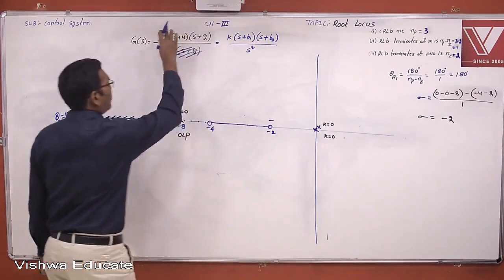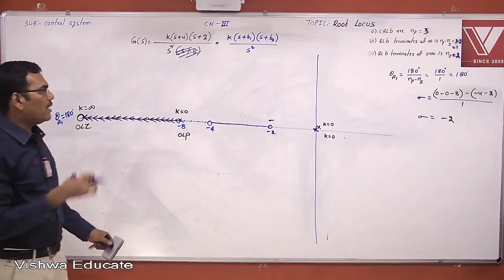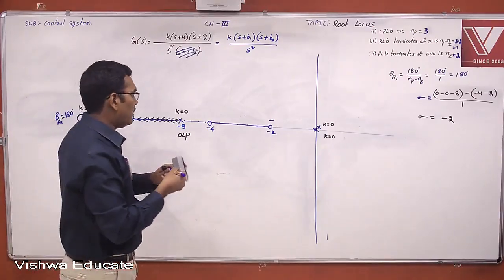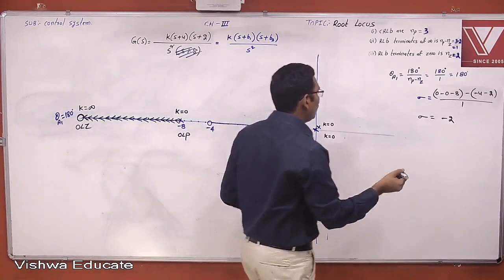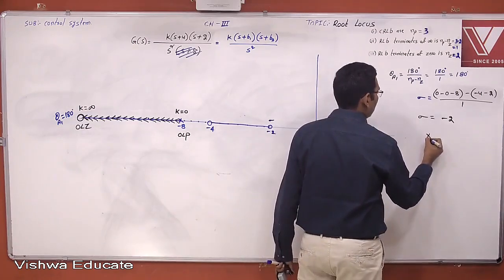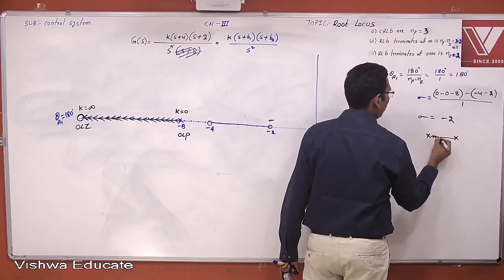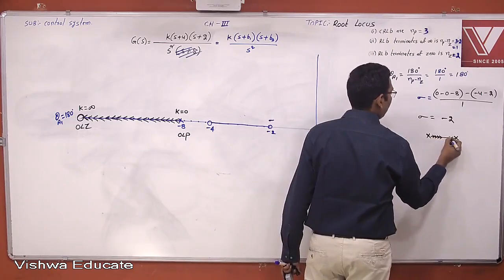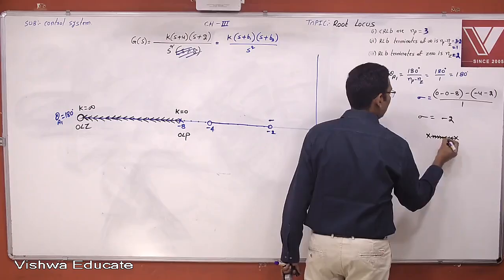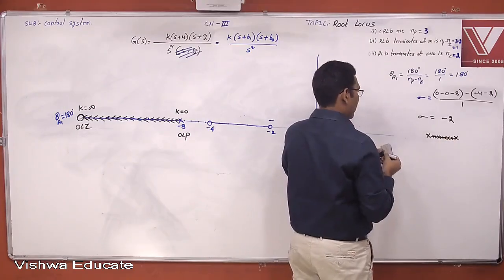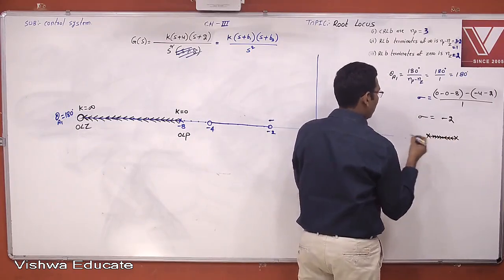Now this problem and the remaining problem will be the same, and it has some shape of a circle, because there are two poles at origin. Now between them there is a root locus branch, and definitely there is a chance of existing breakaway point.